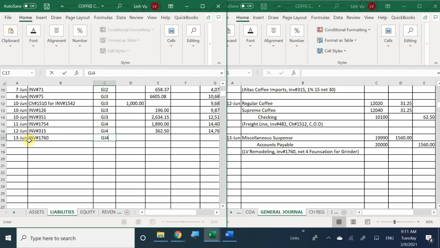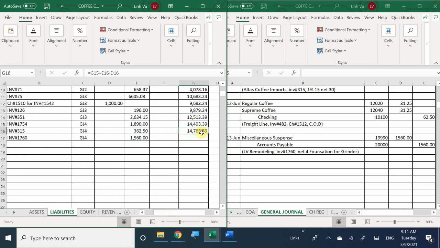General journal number 4. And we owe 1560, bringing our account balance to $16,325.89.